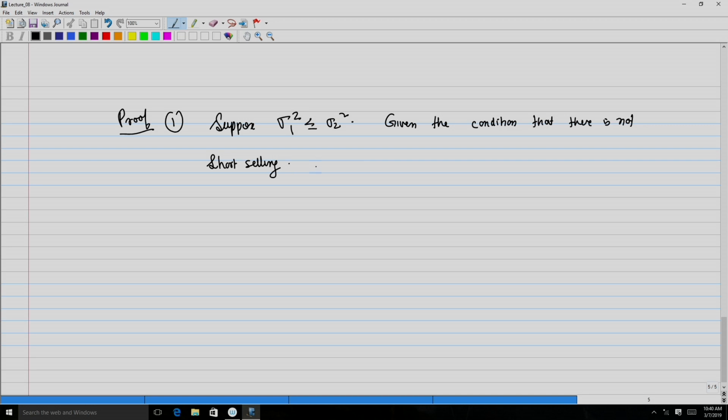So, accordingly, given the condition that there is no short selling, obviously the weights cannot be negative, and so we have W 1 greater than or equal to 0 and W 2 greater than or equal to 0. So, therefore, W 1 sigma 1 plus W 2 sigma 2 will be less than or equal to W 1 sigma 2 plus W 2 sigma 2.